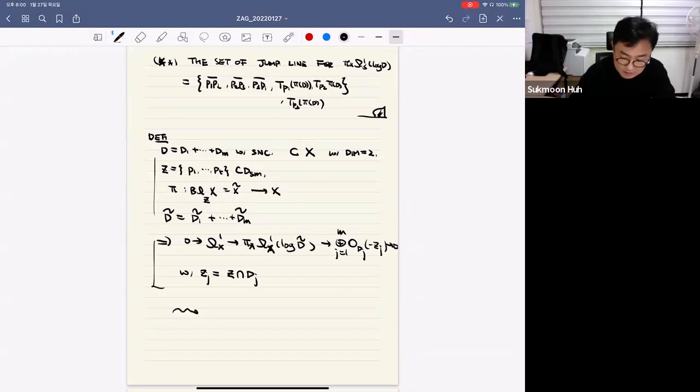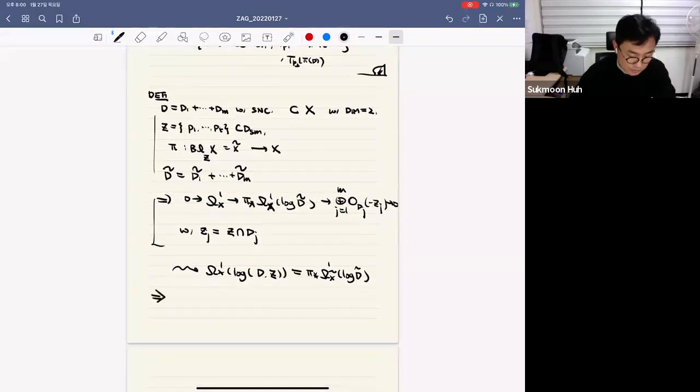So from this, we define the logarithmic sheaf associated to the pair of divisor and points where Z is contained in D to be the push forward of the logarithmic bundle upstairs.